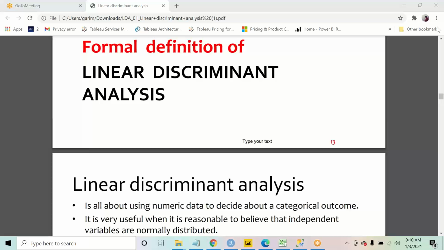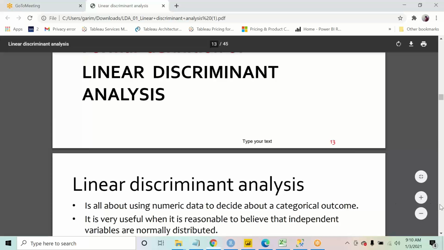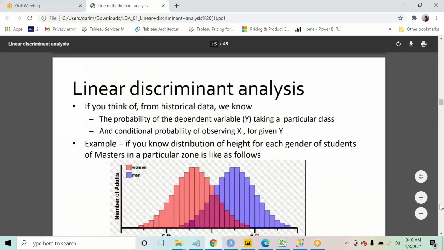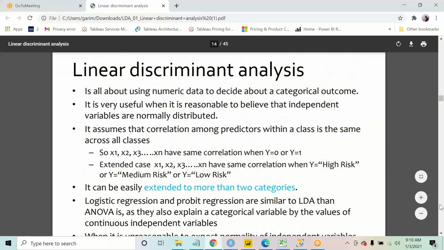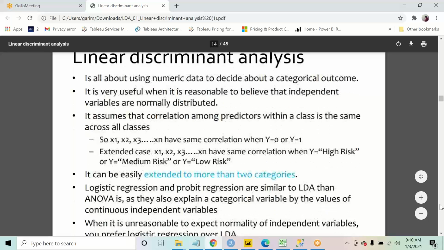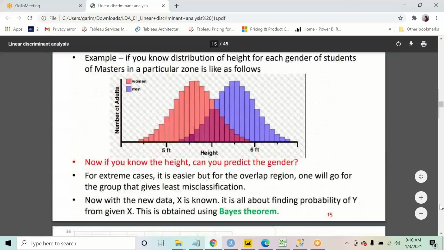The main area where we will be using this technique is when all your independent variables are numerical and the predictions you have to do are categorical in nature. We saw a small example of that, the movers example, where we tried to see which is an owner and which is not an owner of the mover machine.